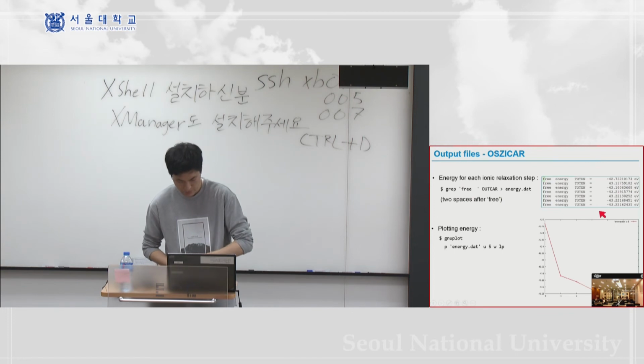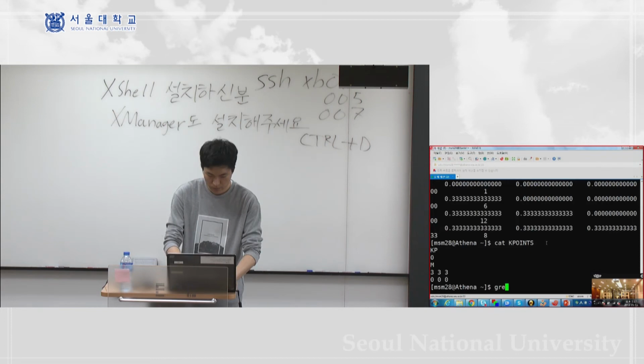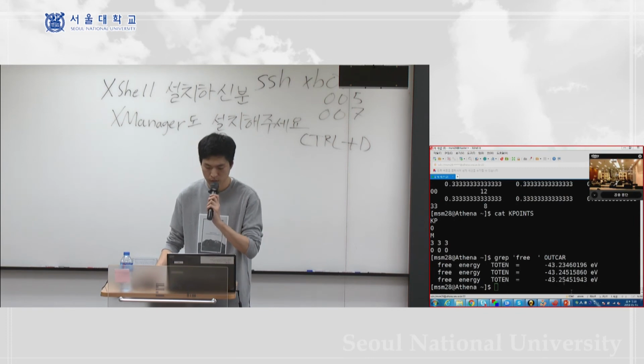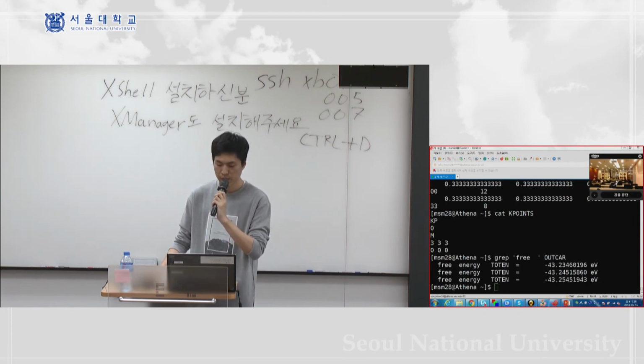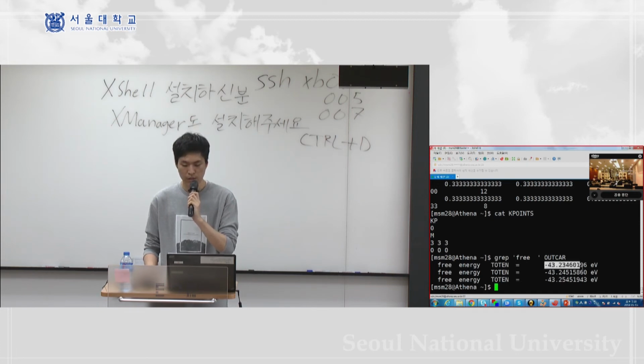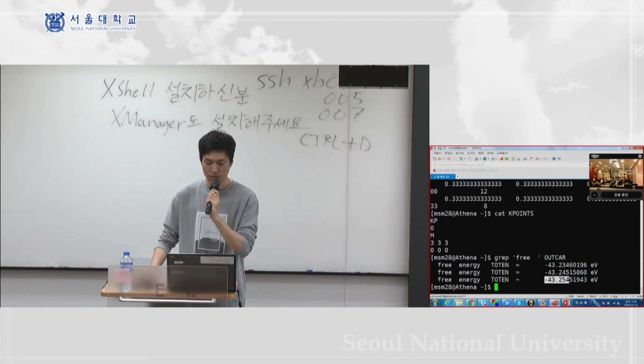So we can see these 3 lines. The first line corresponds to the total free energy of the system at the first ionic relaxation, then the energy at the second ionic relaxation, and the energy at the third ionic relaxation. So the final system energy will be this last energy.